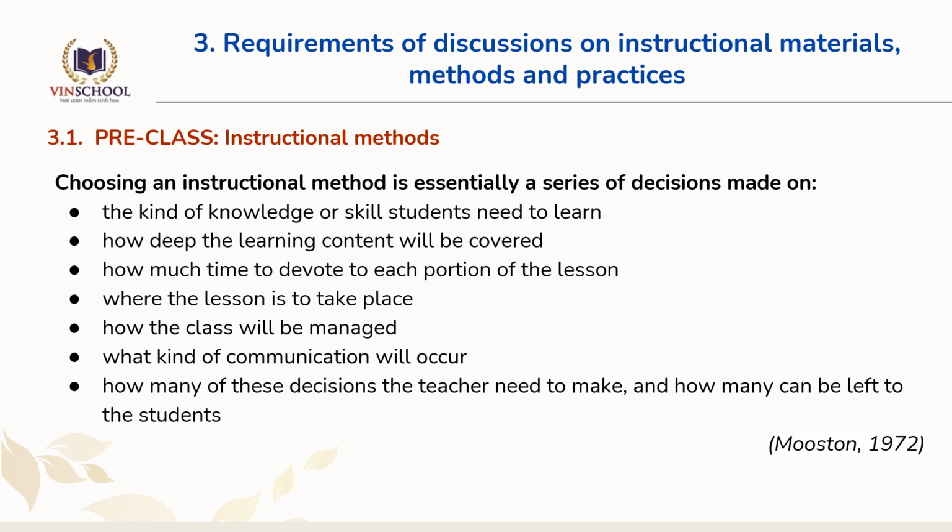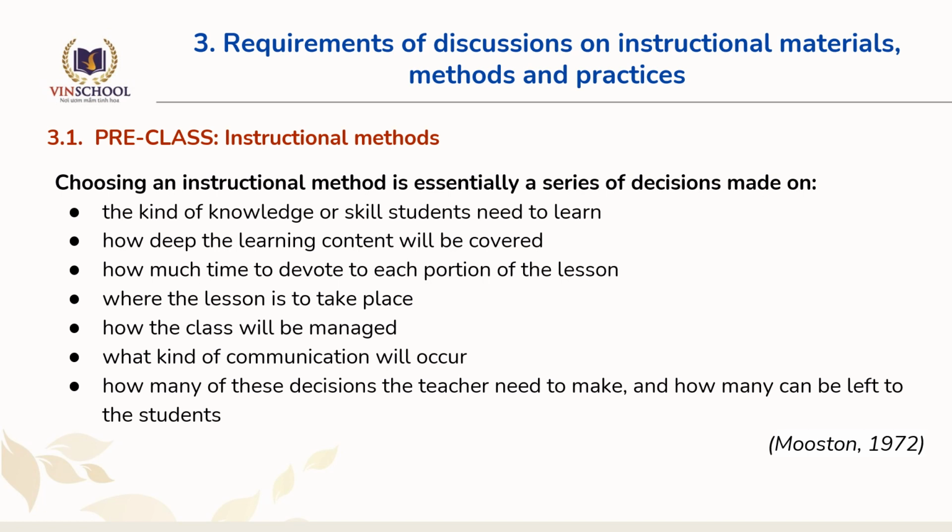In his book, Teaching from Command to Discovery, Muska Mosston theorized that choosing a teaching method is essentially a series of decisions made on the kind of knowledge or skill students need to learn. How deep will the learning content be covered? How much time to devote to each portion of the lesson? Where is the lesson to take place? How will the class be managed?